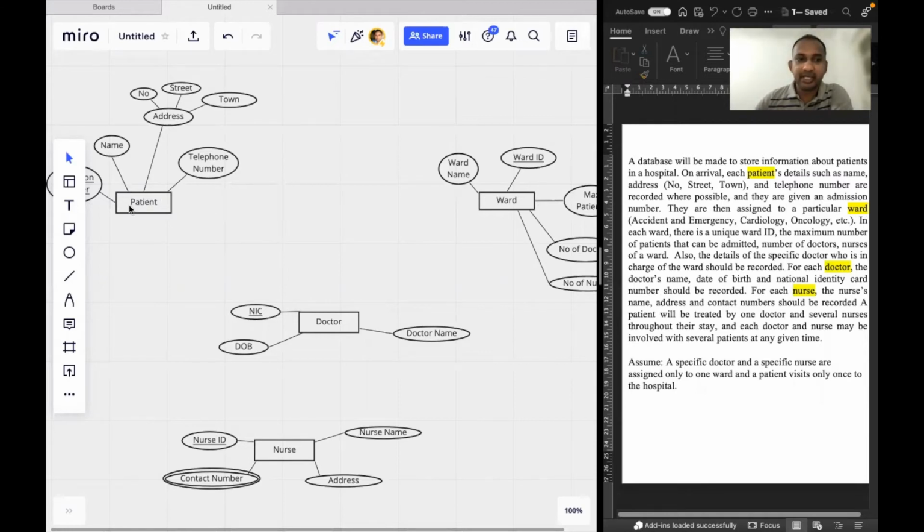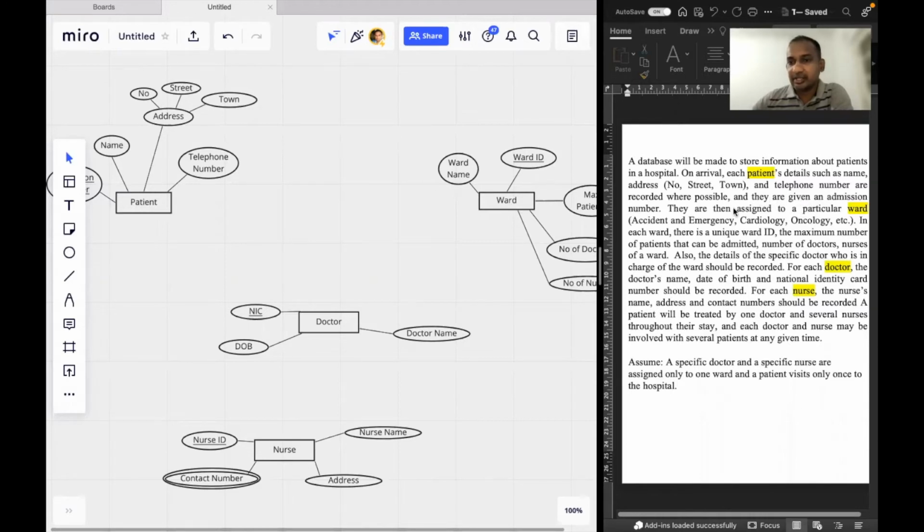That means if you take one patient, that patient should be assigned to a particular ward. So you can identify assign. It is the relationship: patient assigned to a ward. The relationships we can identify using the verbs.